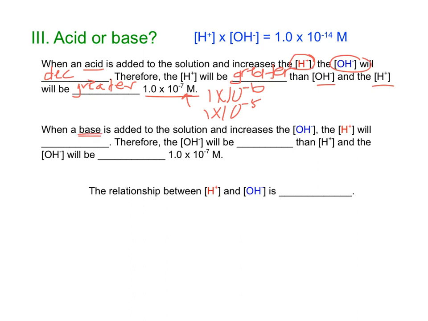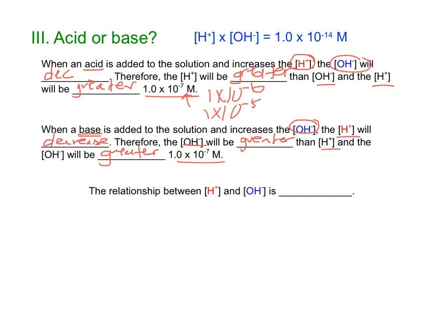If we flip it, if we start adding base to a solution, the solution is going to start becoming basic, and we're going to start to see a rise in hydroxide concentrations. Therefore, the hydrogen concentration will start to decrease. And the hydroxide concentration, once it becomes basic, will ultimately be greater than the hydrogen amount, and the hydroxide concentration will be greater than that neutral number of 1 times 10 to the negative 7th.